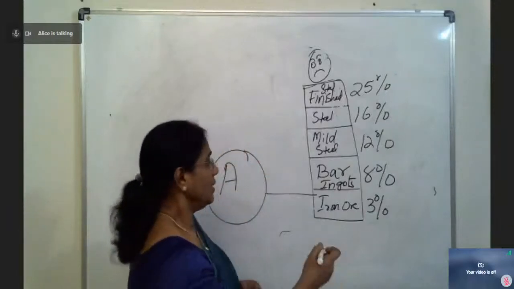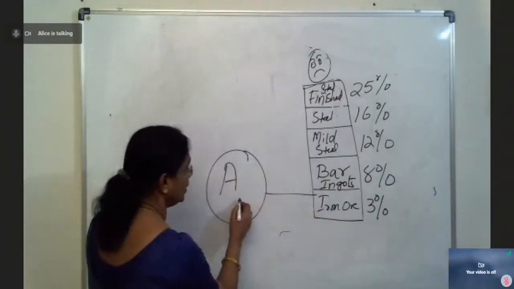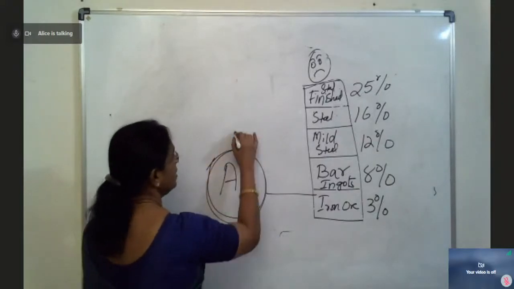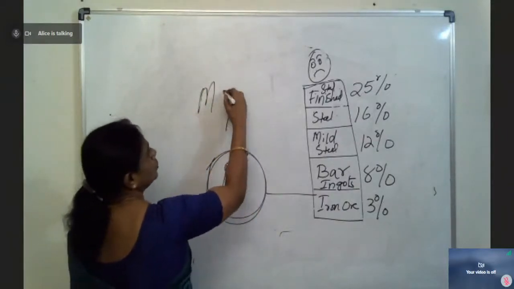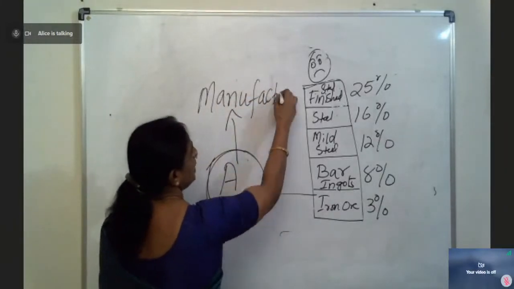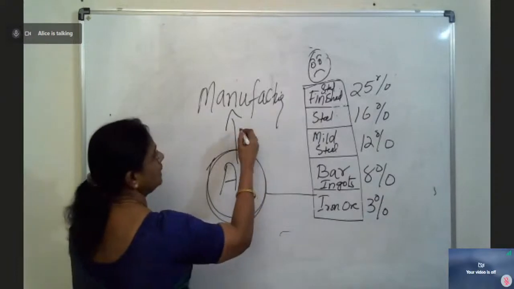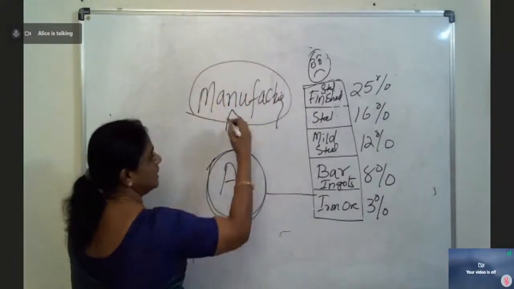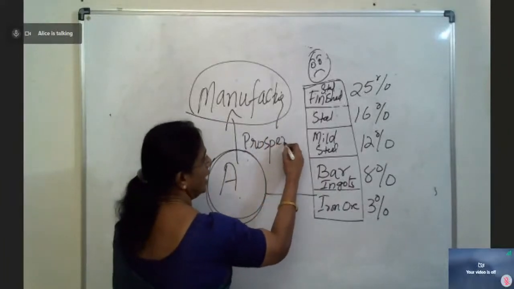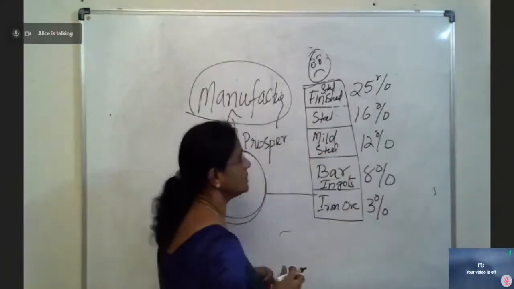You know why? If you buy iron ore here, this is giving protection, giving encouragement to the manufacturing industry of A. They will buy raw material and the manufacturing industry in A will prosper. And what about our manufacturing industry?